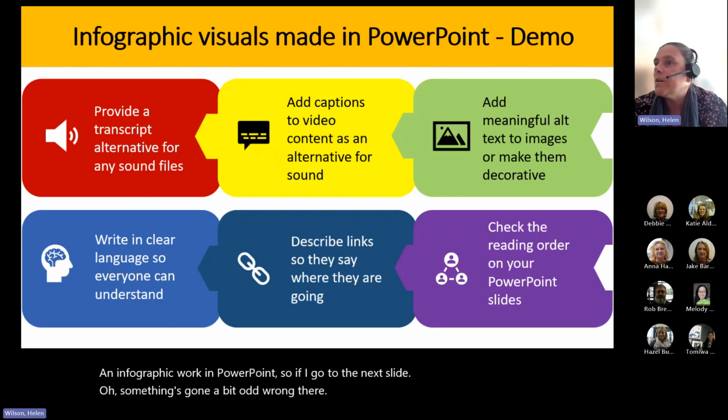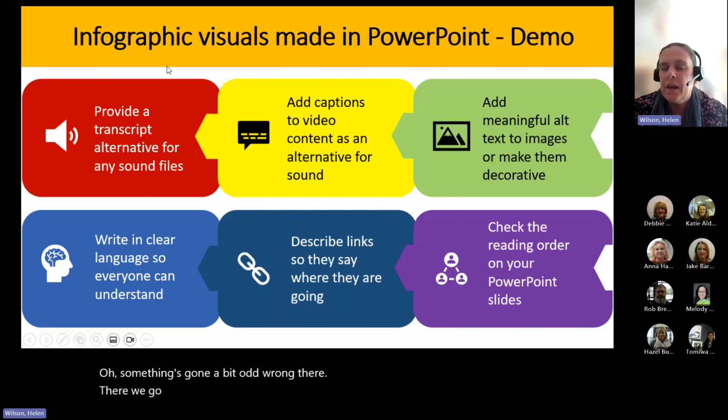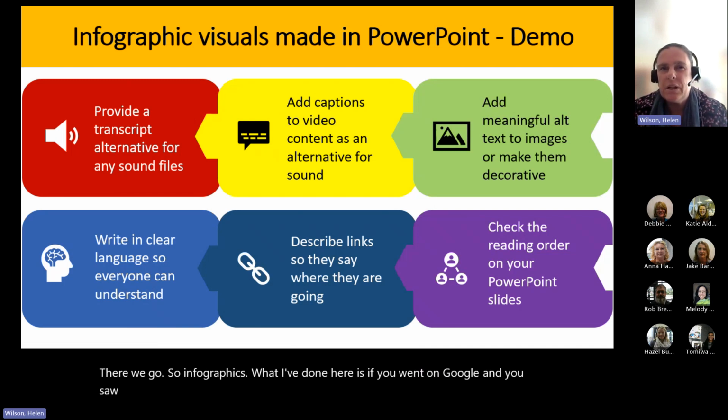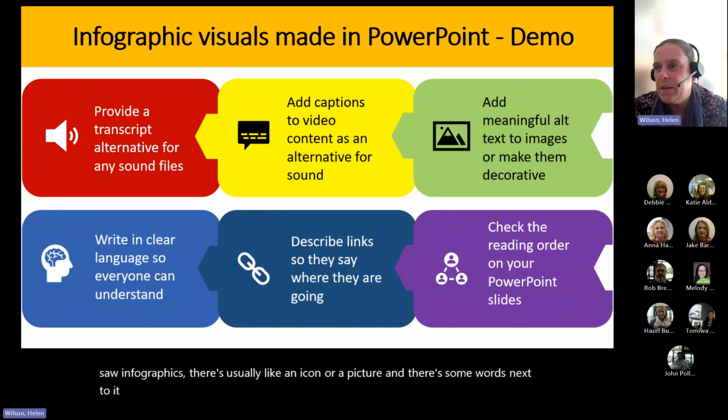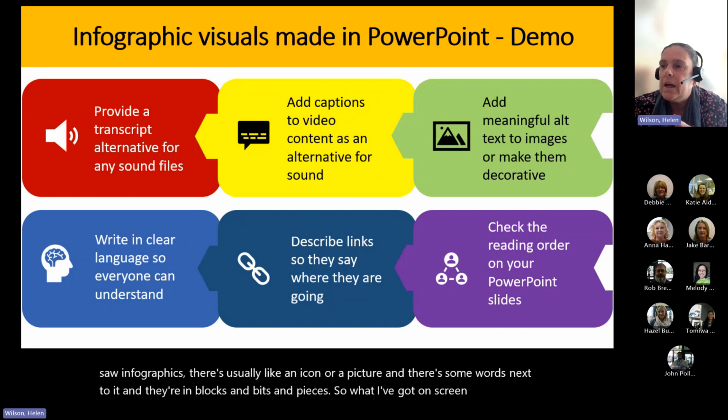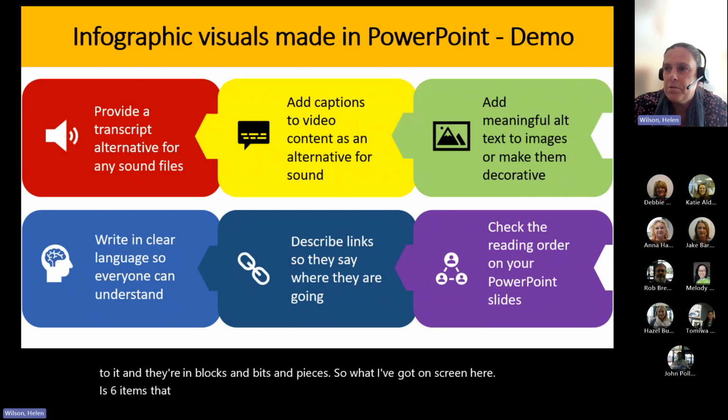There we go. So infographics, what I've done here is if you went on Google and you saw infographics, there's usually an icon or a picture and there's some words next to it and they're in blocks and bits and pieces. So what I've got on screen here is 6 items that I've put together, some icons, some text, and it's an infographic.